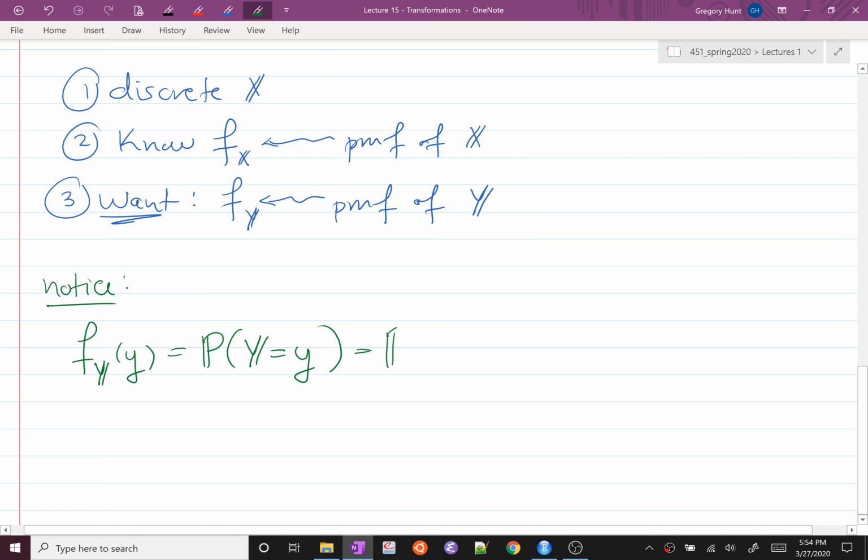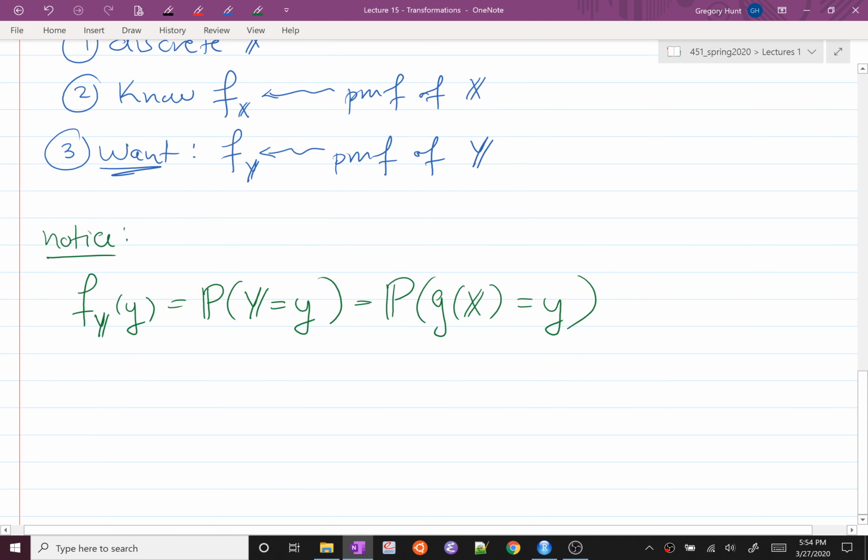This is, using our definition of y, the probability g of x is equal to little y. And I'm allowed to just apply my inverse image, g inverse, to both sides. So this is the same thing as the probability that x is in g inverse of little y.